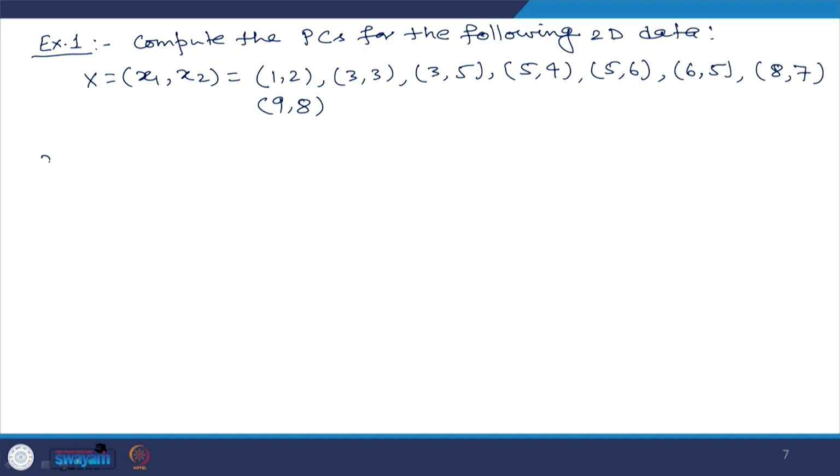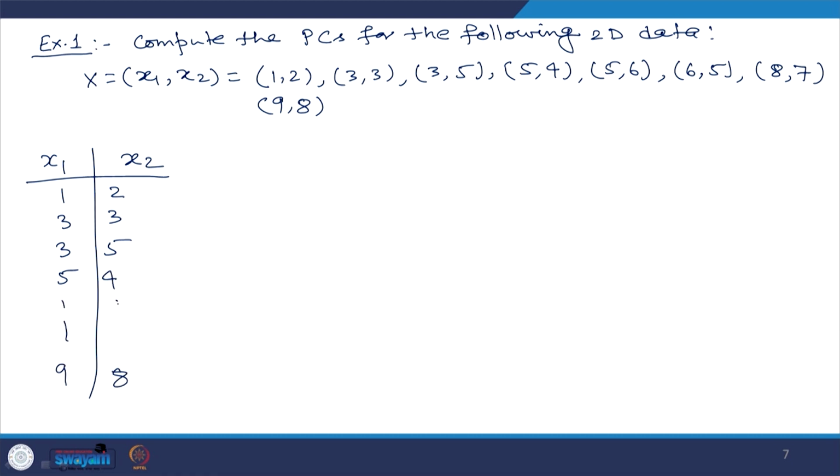So, I am having x1 column, x2 column, and then data is 1 2, 3 3, 3 5, 5 4 and so on up to 9 8.